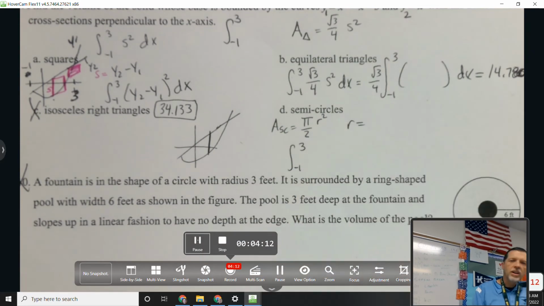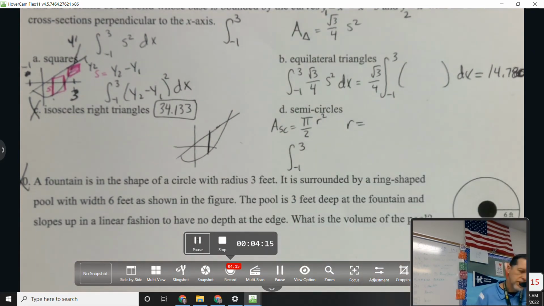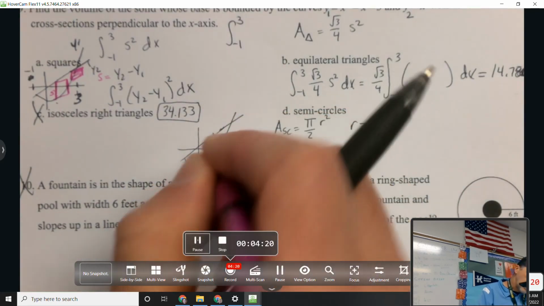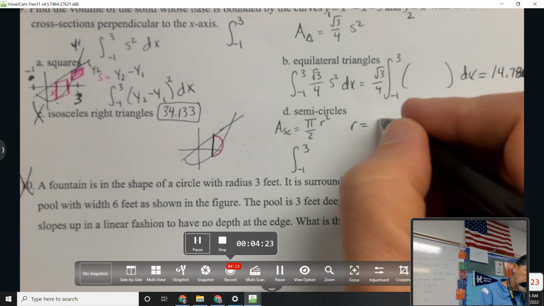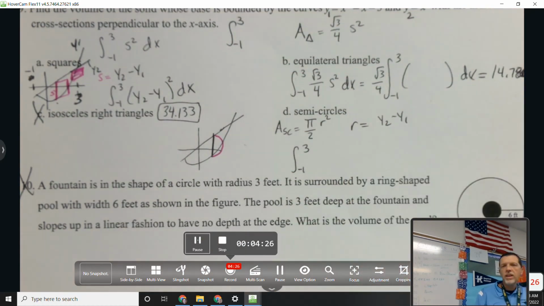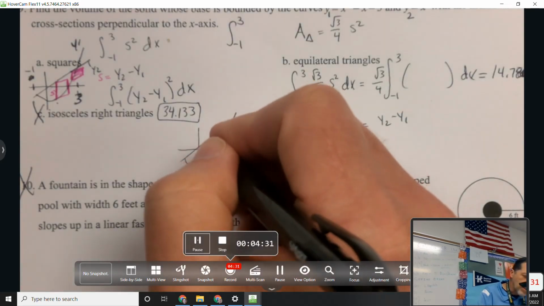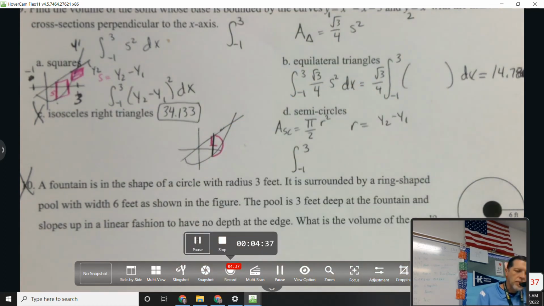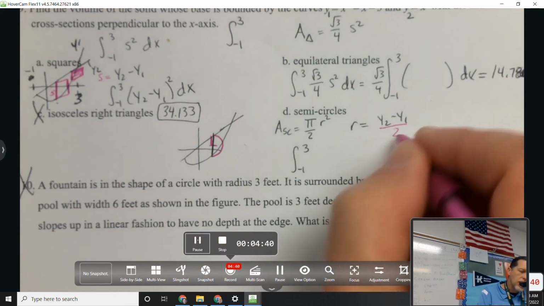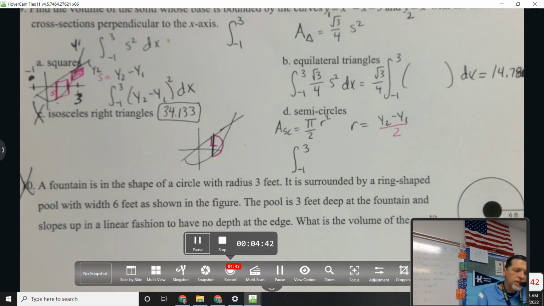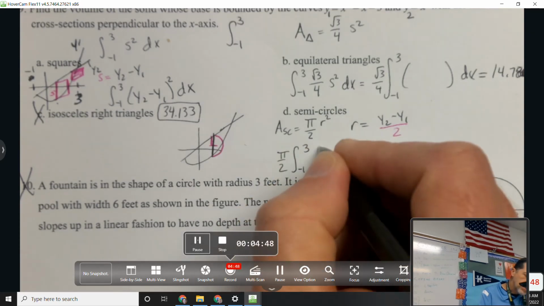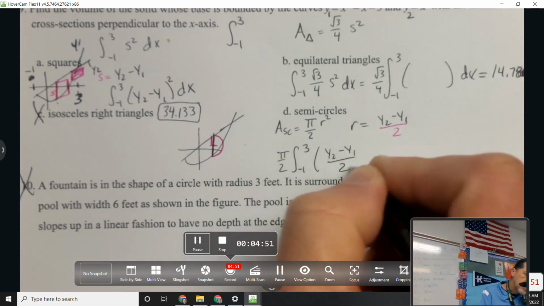But r, what's r equal to? y2 minus y1, that's not r though, right? y2 minus y1 would be this entire length, and I need r to be half of it. So be careful with r. I don't need the full length, I need half of the length. So pi over 2, y2 minus y1 over 2, all squared.